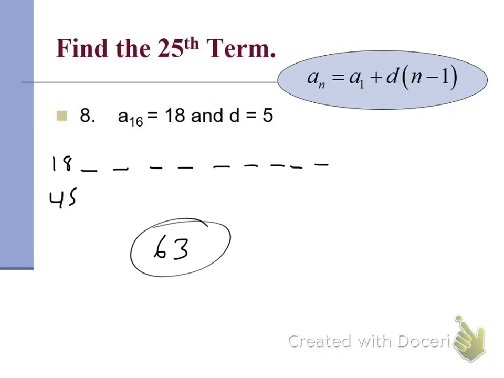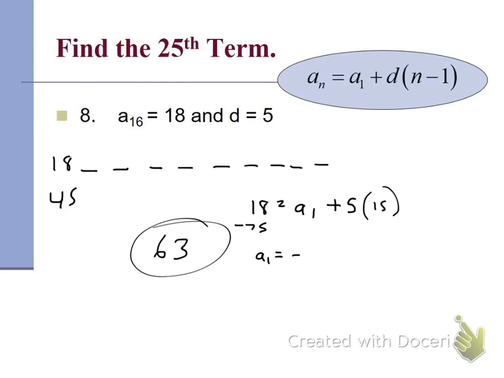If you're going, I need something a little bit more concrete than that, Mr. Dice, then you would take this information right here and go back and find the first term. So you would say 18 equals first term plus 5 times n minus 1. 16 minus 1 is 15. You would take 5 times 15, which is 75, and then 18 minus 75 gives me the first term.